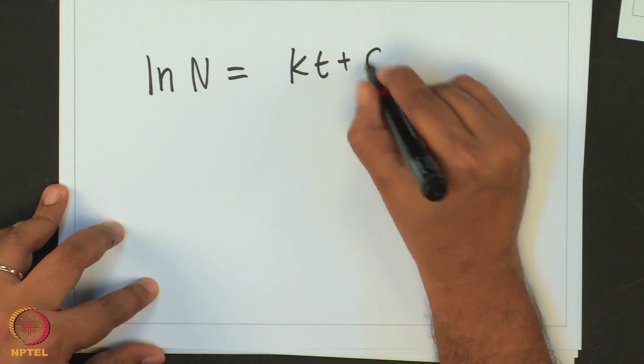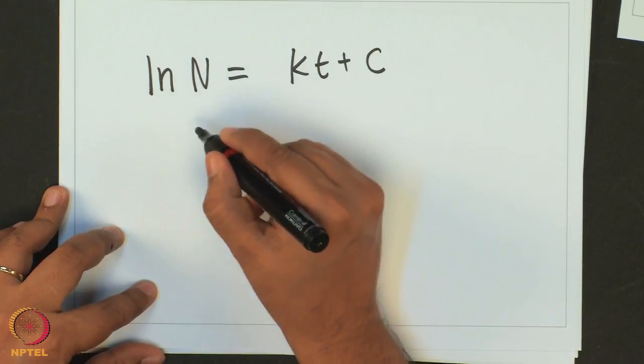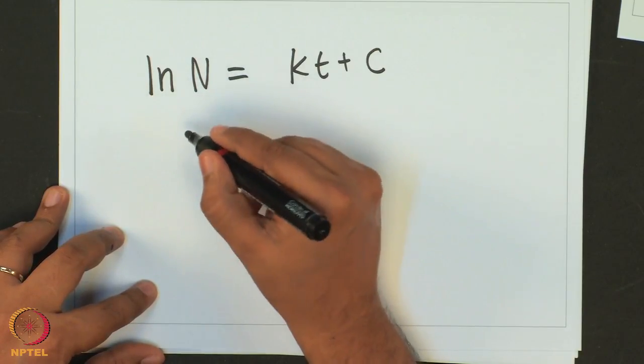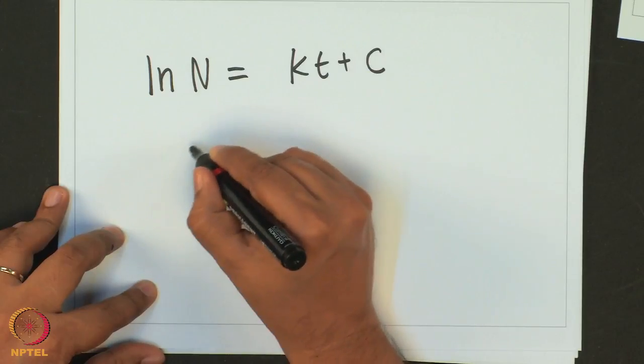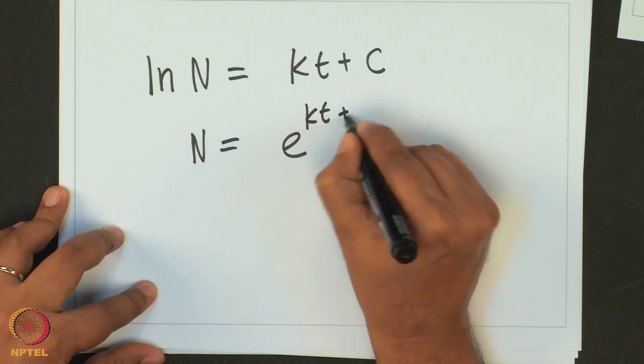Let me write this as c. If I exponentiate this, e power ln N would be N. So N is equal to e power kt plus c.